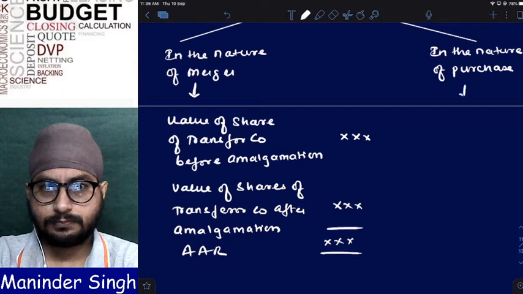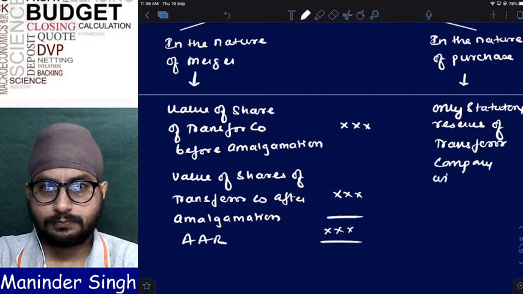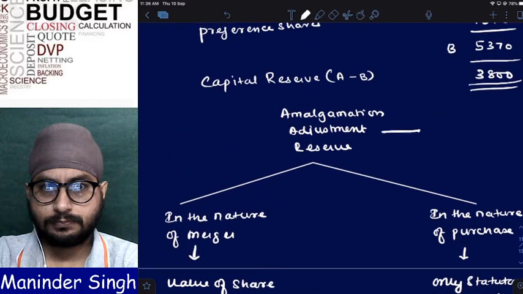But if amalgamation is in the nature of purchase, what will go to amalgamation adjustment reserve? Only statutory reserves. Statutory reserves of transferor company will be treated as AAR, amalgamation adjustment reserve. Now tell how to treat amalgamation adjustment reserve.